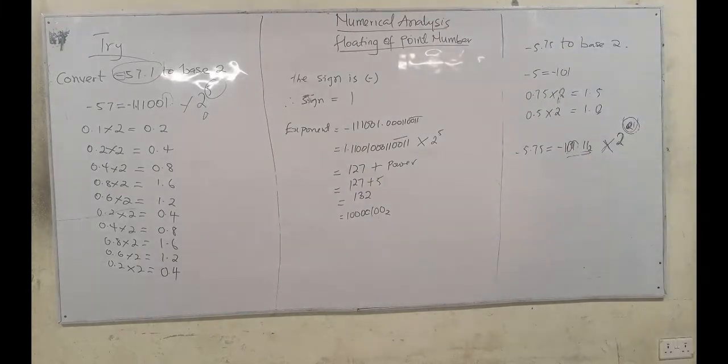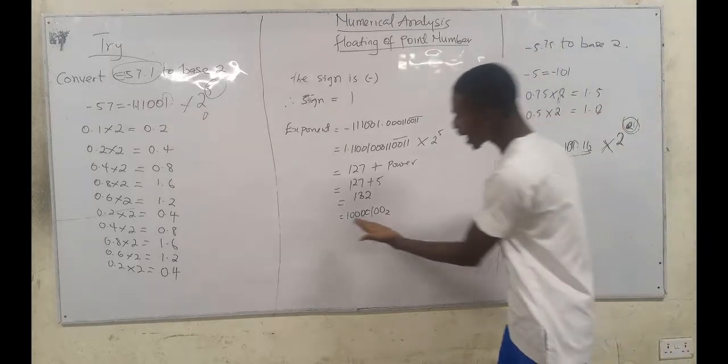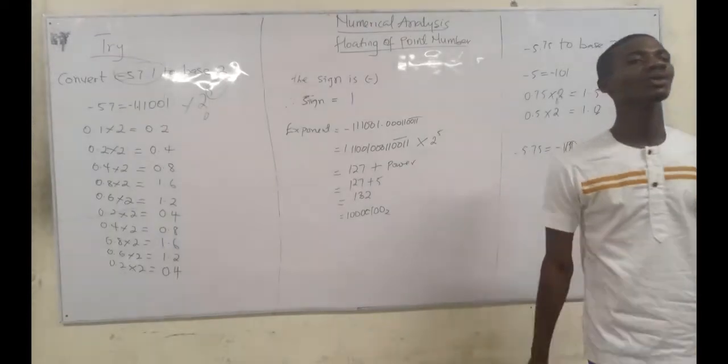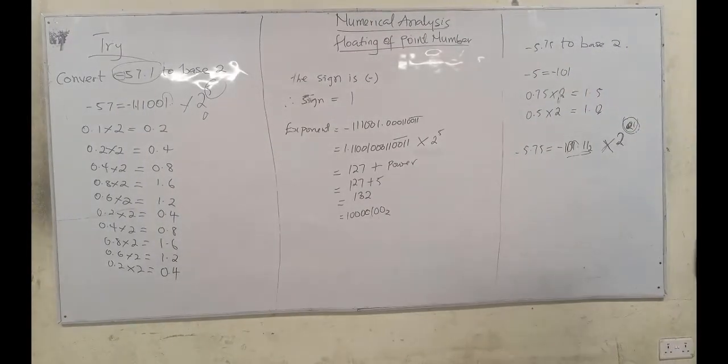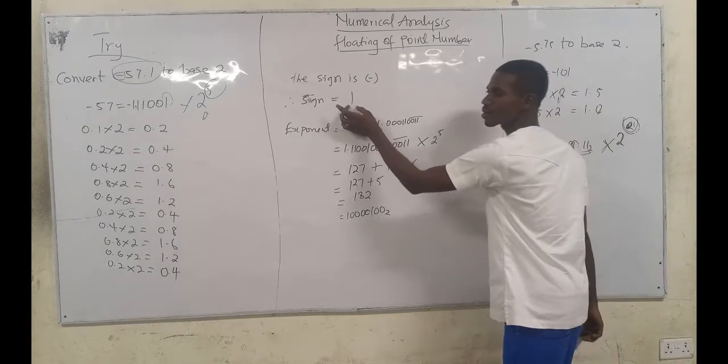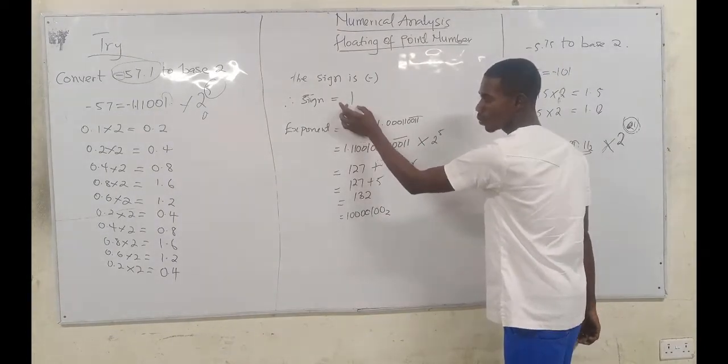So after this, we are almost done. But how do we write this one fully is the problem now. So please, this is how we do it. The sign must come first, then the exponent, and the multiplier should follow. So we set the sign to 1.